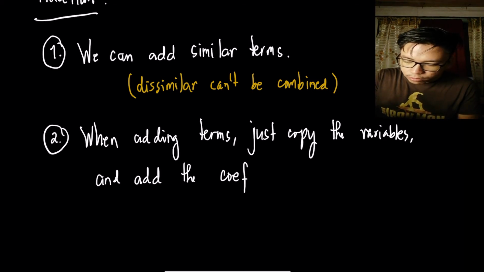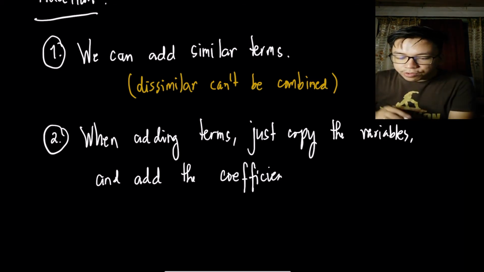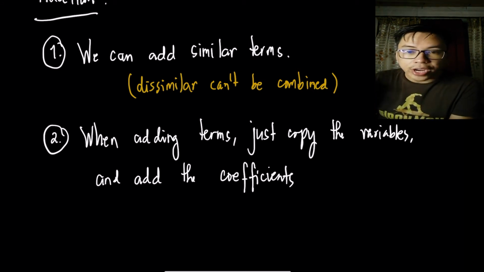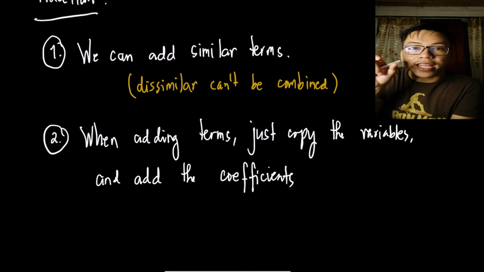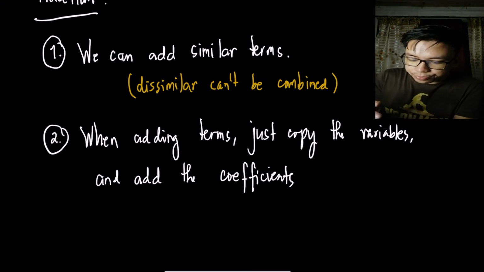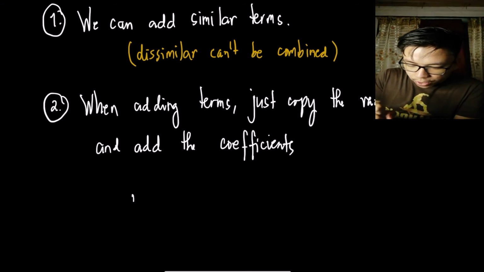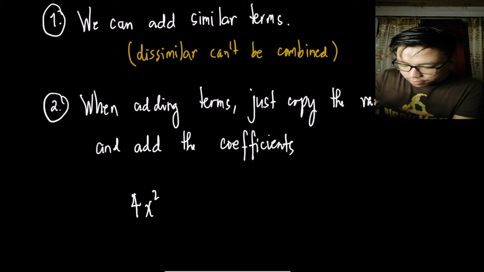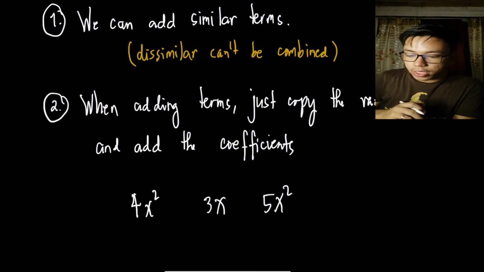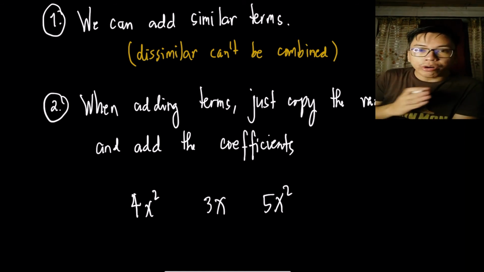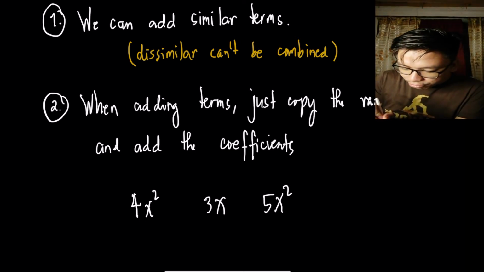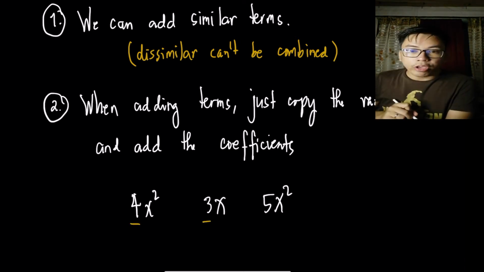Okay. So which means to say that the thing that we evaluate whether terms are actually similar or not is just looking at the variables, not the coefficient. Example, 4x squared, 3x, and 5x squared. So the only thing we need to evaluate, we can't include the coefficient. So what are the coefficients again? This 4 here is a coefficient, 3 is a coefficient, 5 is a coefficient.